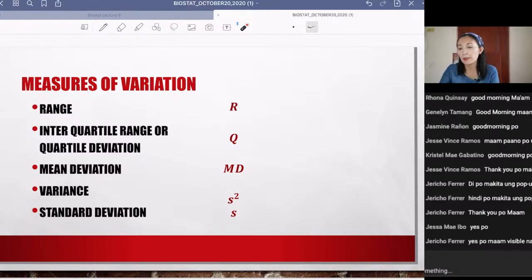The measures of variation are the range, interquartile range, quartile deviation, mean deviation, variance, and standard deviation. You know range very well. We will only discuss variance, standard deviation, mean deviation, and interquartile deviation this morning.